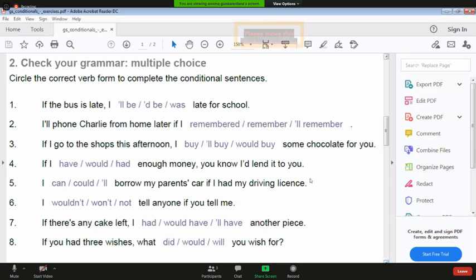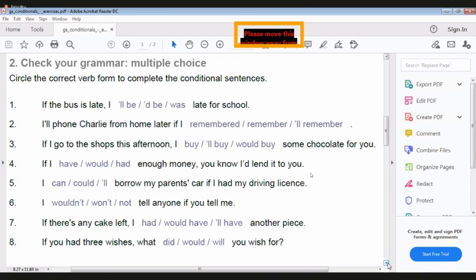Sorry, I got confused. What is in the if clause in first conditional? What is the tense of the if clause? Simple present.